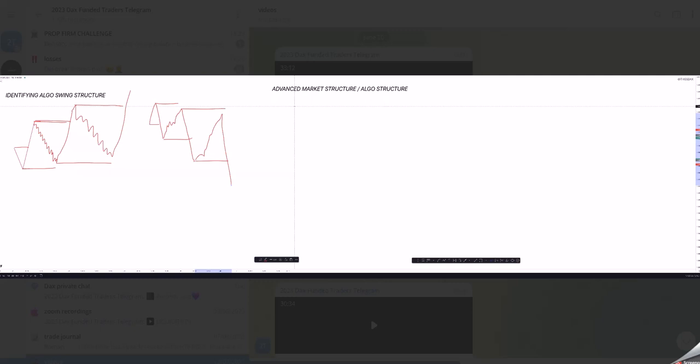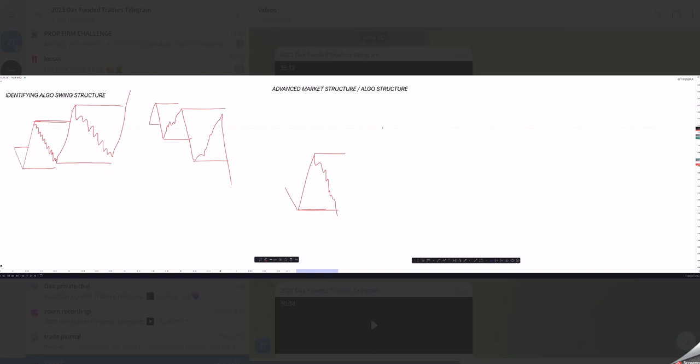Then, this higher high: we have a higher high and another higher high, correct? Your third higher high becomes your C. Please pay close attention to this.